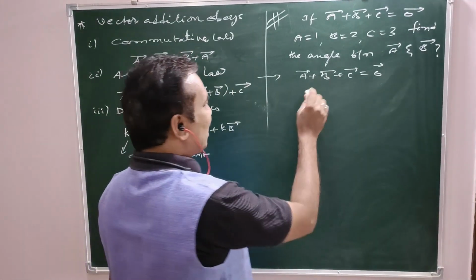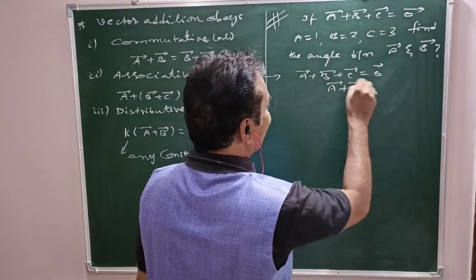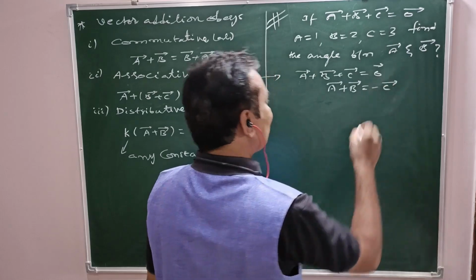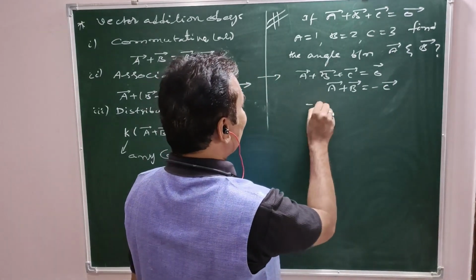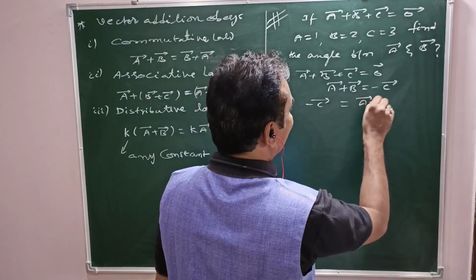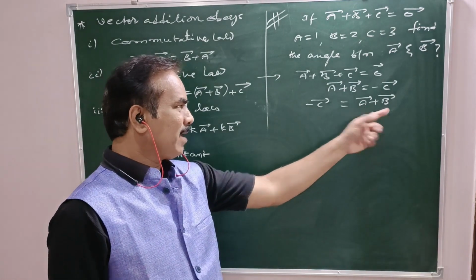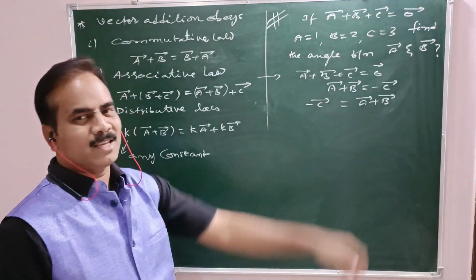Make it such that A bar plus B bar equals minus of C bar, that is, make it reverse. So the resultant of A bar and B bar is equal to minus C bar.